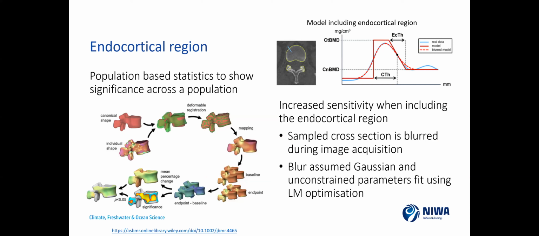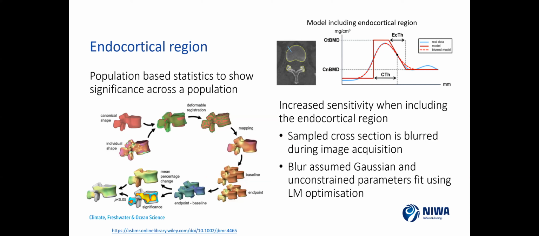Starting on the right of this image, you can see a slightly different profile. It's no longer rectangular. Instead, we've got this transition zone, which gives us an endocortical thickness, and we can also take the average to get a mean endocortical density.